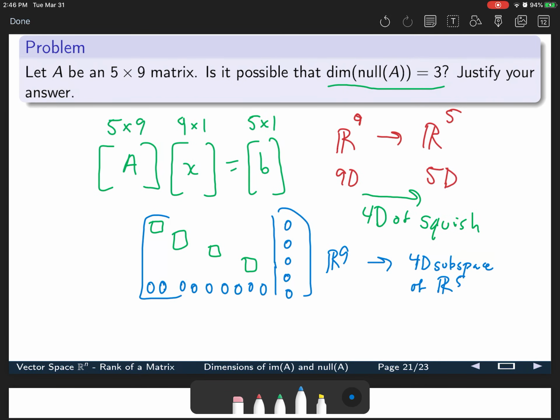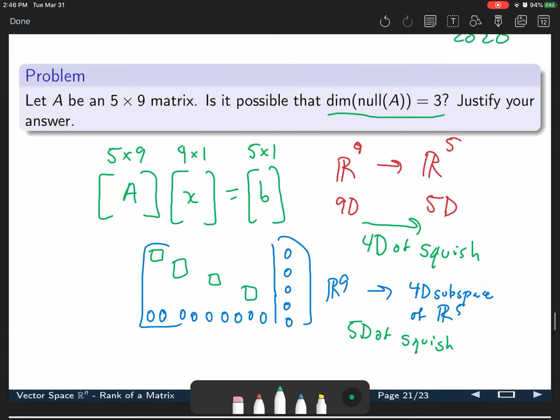And if we're doing that, then we'd have 5 dimensions of squish, right? And it could theoretically get as bad as if we are transforming 9-dimensional space onto some subset of 5-dimensional space. Let's say we squash everything to the 0 vector. This would be a very boring matrix.